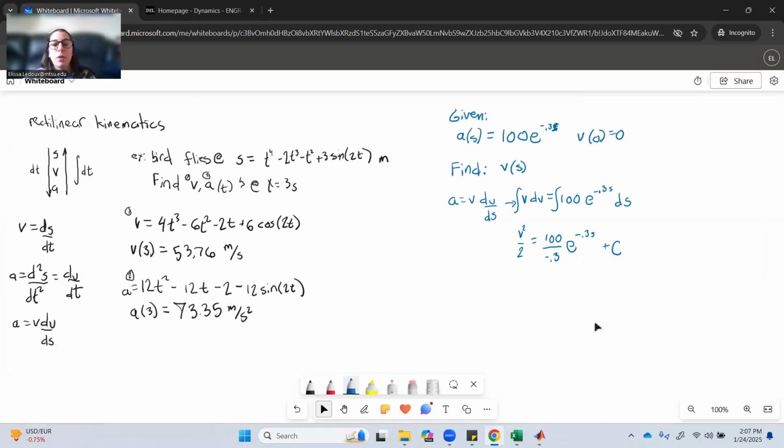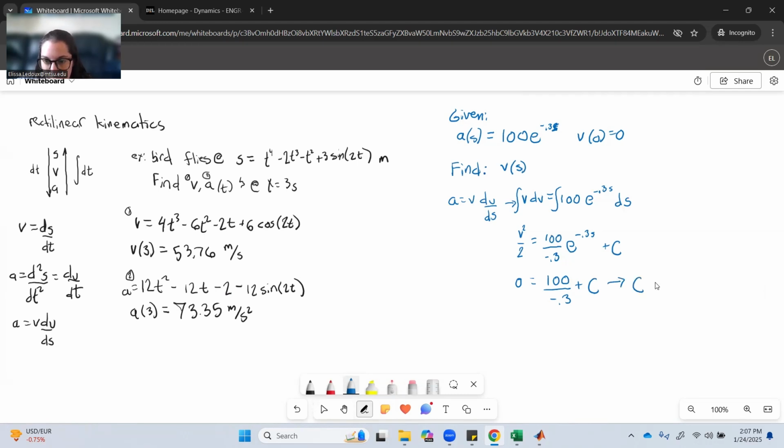So we can go ahead and plug that in and say to solve for the plus constant, we know that if v of 0 is 0, then on the left side of the equation, we would just get 0 equals, and then e to the 0 power is 1. So we'll just have 100 over negative 0.3 plus constant.